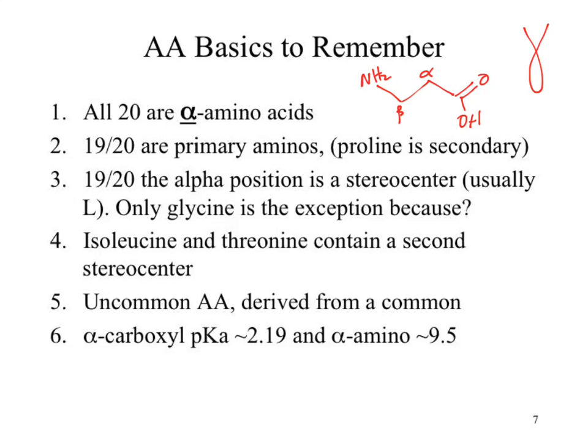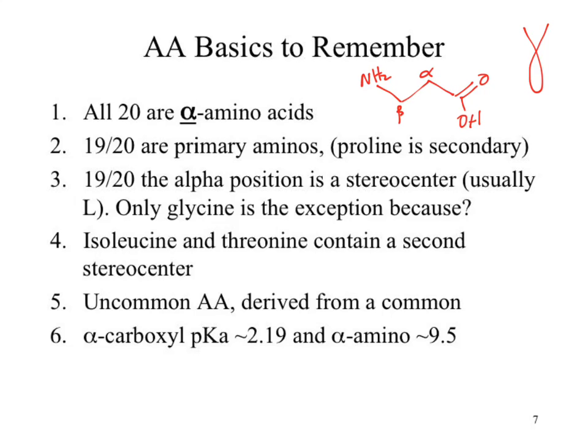All right? 19 of the 20 have stereocenters. Which one doesn't? Why is glycine the exception? Because it just has hydrogen as an R group, so there's no chiral center. We have those two hydrogens instead of an extra carbon chain or something else.